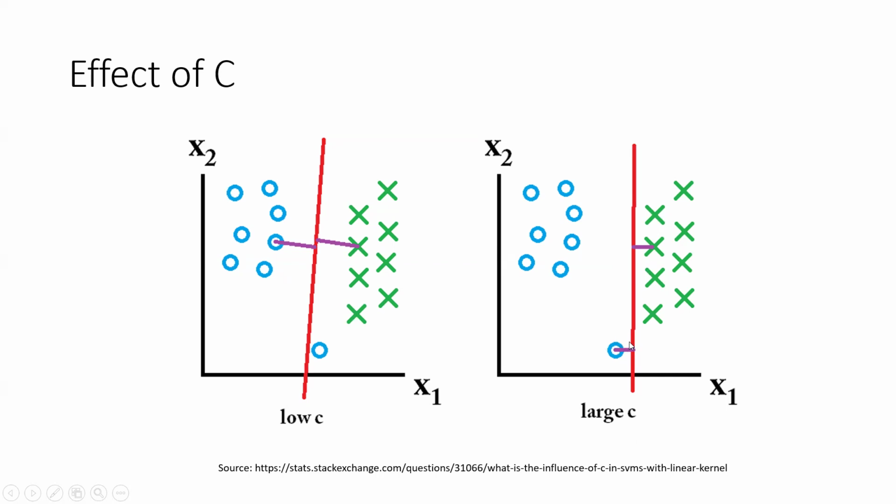Because of that, this kind of decision boundary would be subjected to a higher number of misclassifications when it comes to unseen data, right? Because of that, when it comes to test data, the error would be higher with these larger C values, right?